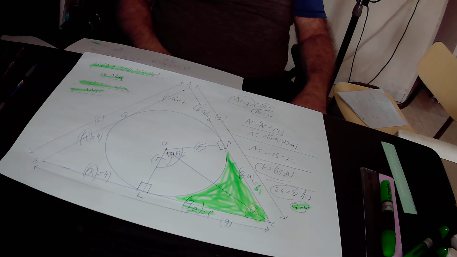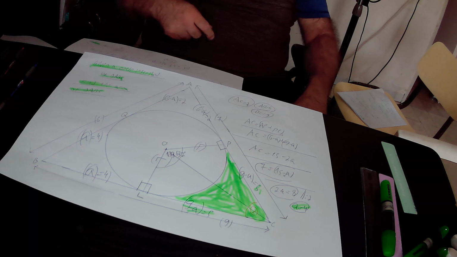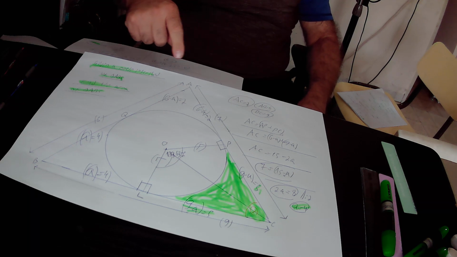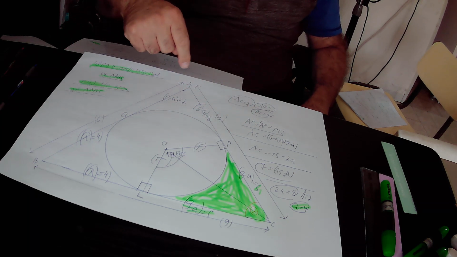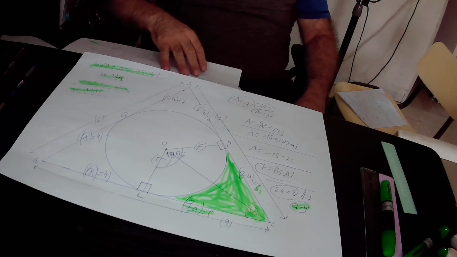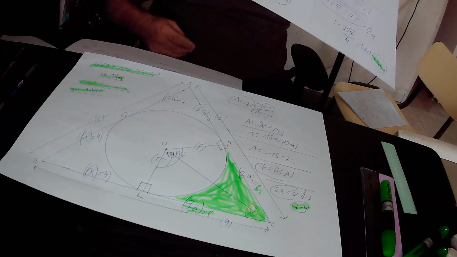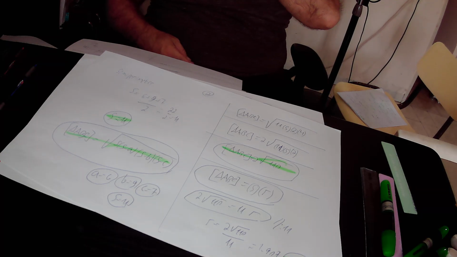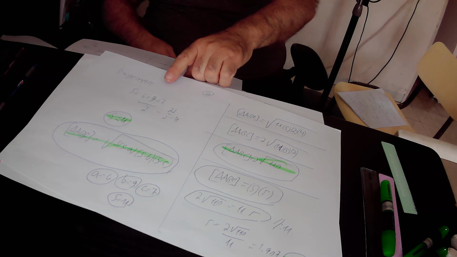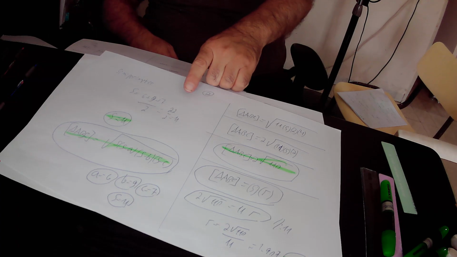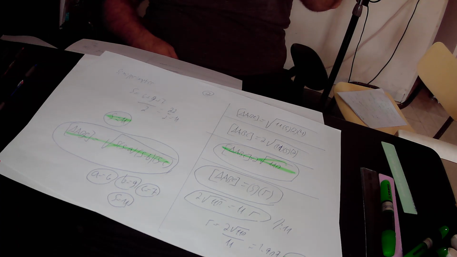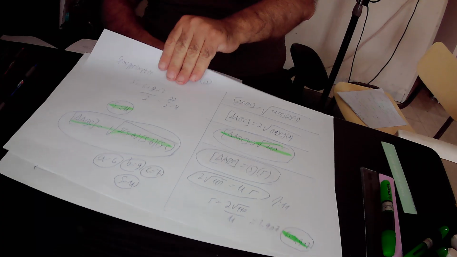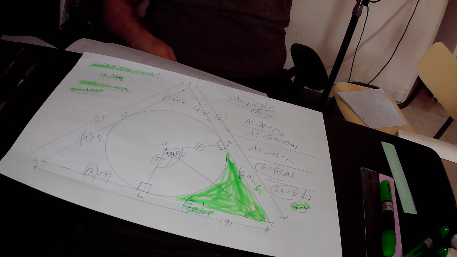So the semi-perimeter of triangle ABC equals 6 plus 9 plus 7 divided by 2. 6 plus 9 is 15, 15 plus 7 is 22, so it is 22 over 2, that is 11. So the semi-perimeter of this triangle ABC equals 11 units.